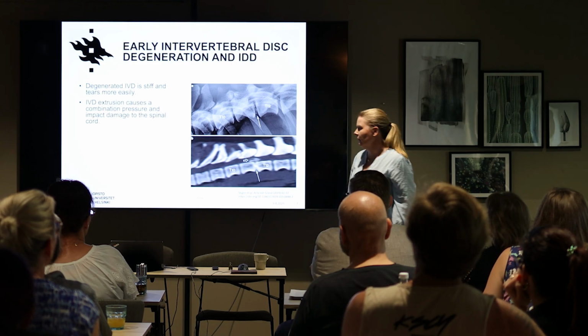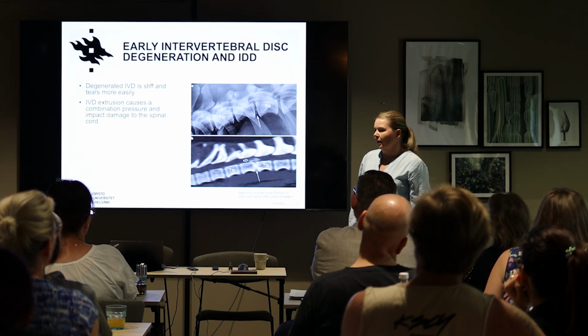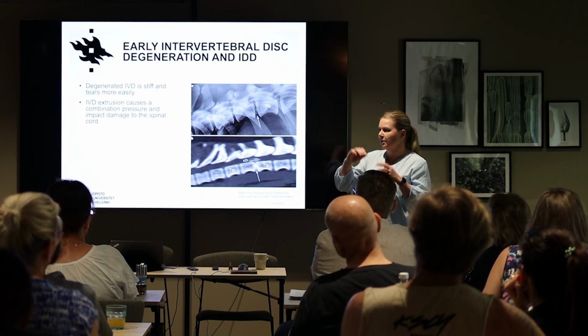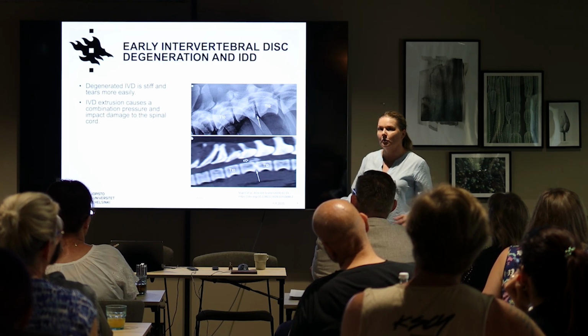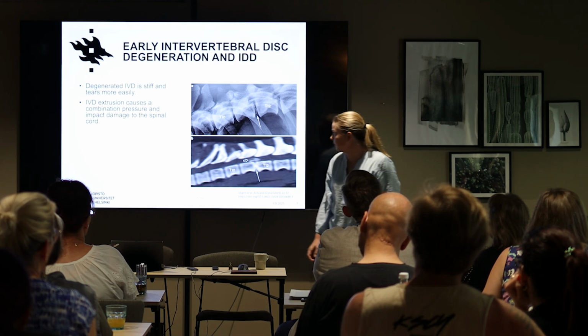So when it extrudes and hits the spinal cord, it causes damage that is a combination of pressure, since it presses the spinal cord, and also impact damage. Some breeds also have hemorrhage, which is also pressing the spinal cord.